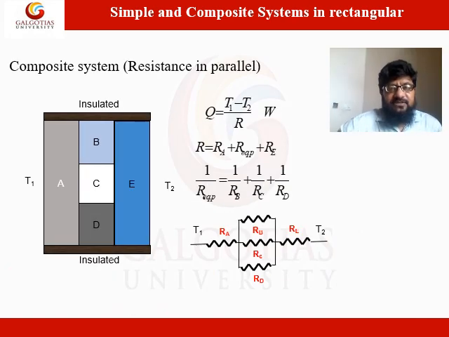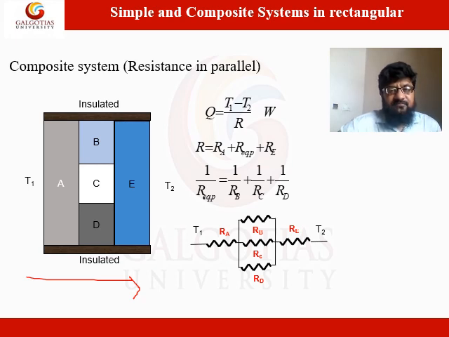So let us take another system in which the temperatures at the left and right side are T1 and T2, and the system is insulated at the top and bottom, so that the heat transfer is in only one direction, and the slabs have different thermal conductivities. So in this case their thermal resistances will be different.